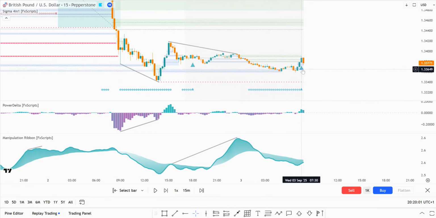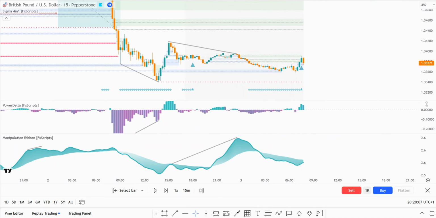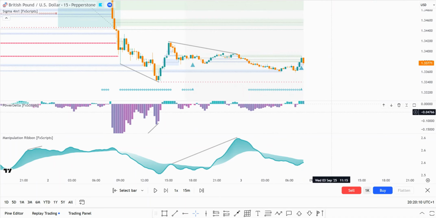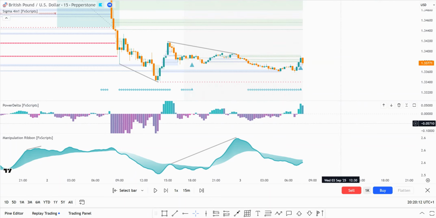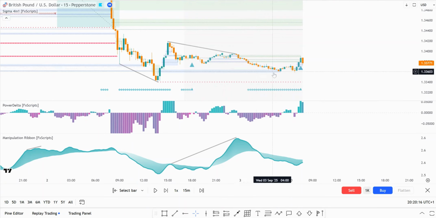So again, you're in no man's land, and there's a print. Even though you've got a tapering off here on the PowerDelta. PowerDelta shows a combination of volume and price. You'll see that, yes, there is a divergence, but there's no sweep. So we can't call that a valid signal. You have to have everything in place.